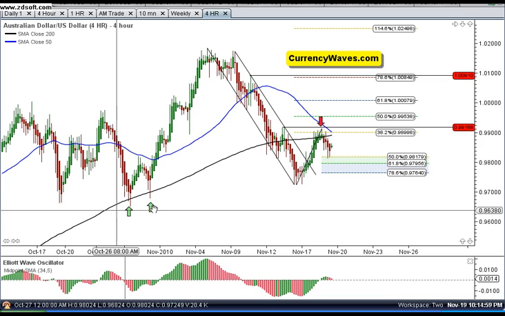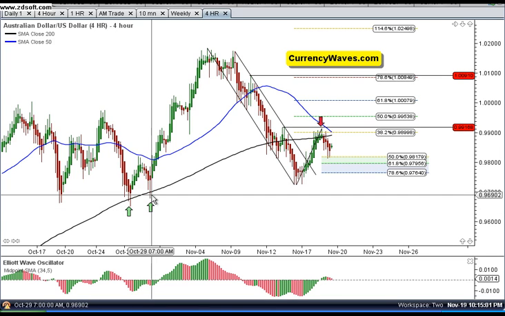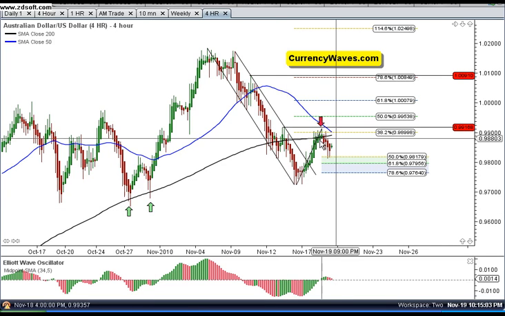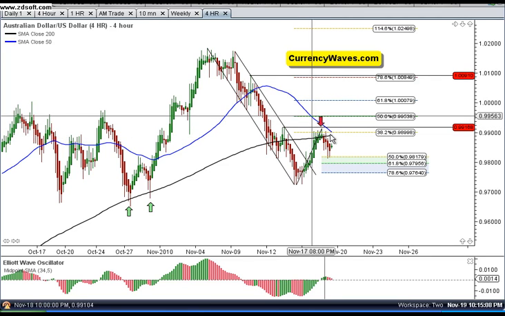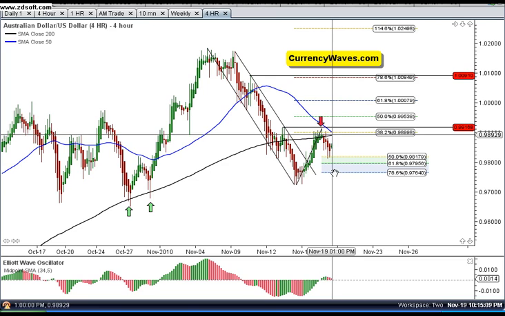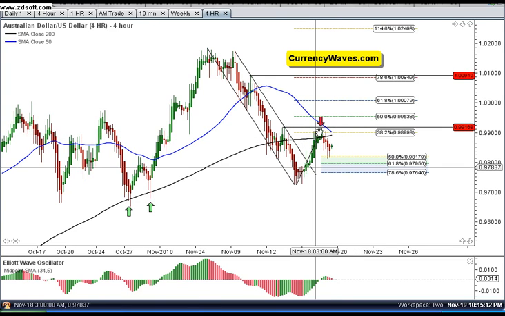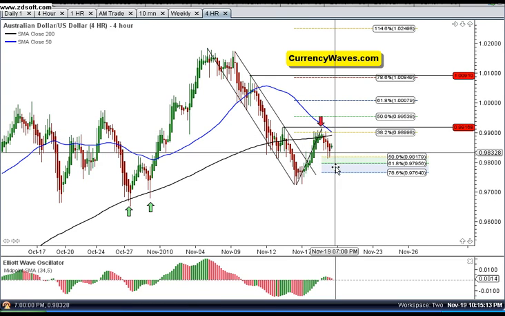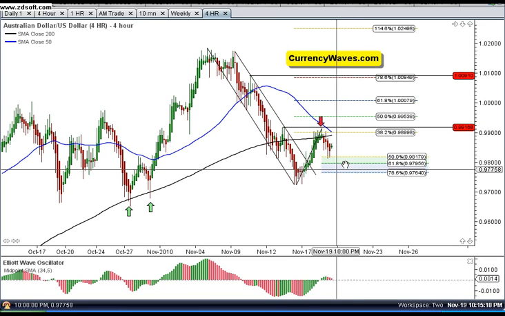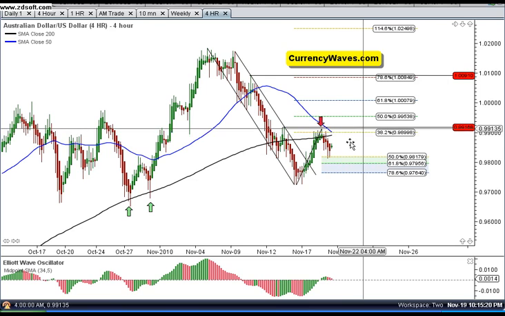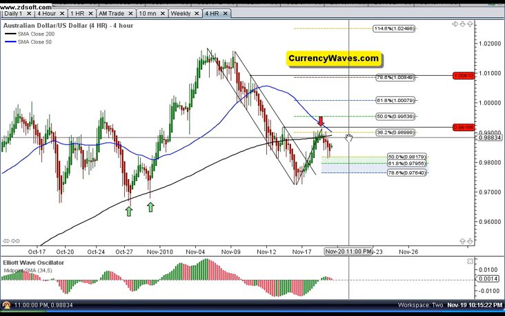I wanted to point out the support here on the 200-day simple moving average. You can see it is acting as resistance along with the 50. So we could see a little more pullback here, maybe down to the 61.80, even the 78.6, before testing that again.